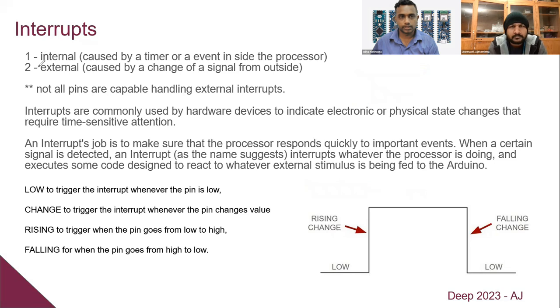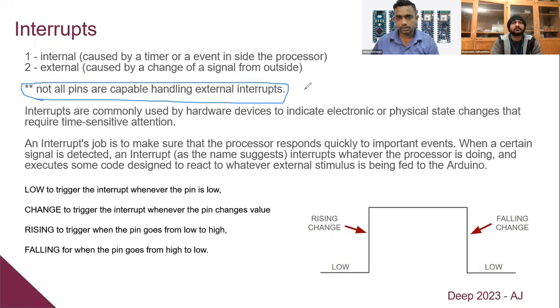So there are two kinds of interrupts: internal and external. Internal interrupts are caused by some events inside the processor. External ones are caused by an outside signal. And if we talk about Arduino Uno, only digital pins 2 and 3 are capable of handling these external interrupts, right?